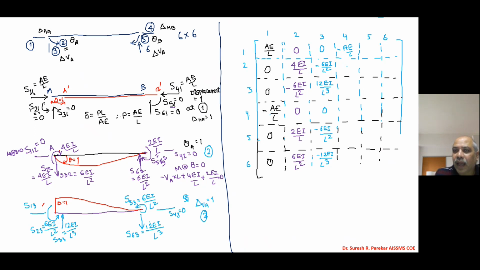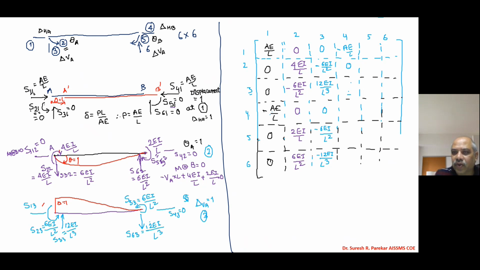Now this is second row fourth column, then fourth row second column is 0. So we have 0; symmetry we have to maintain. As we have third row and column 4, reverse S43. So we have S34 and S43.